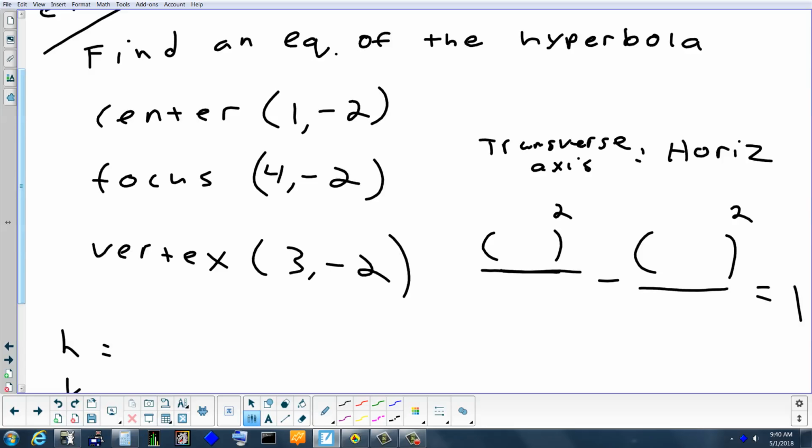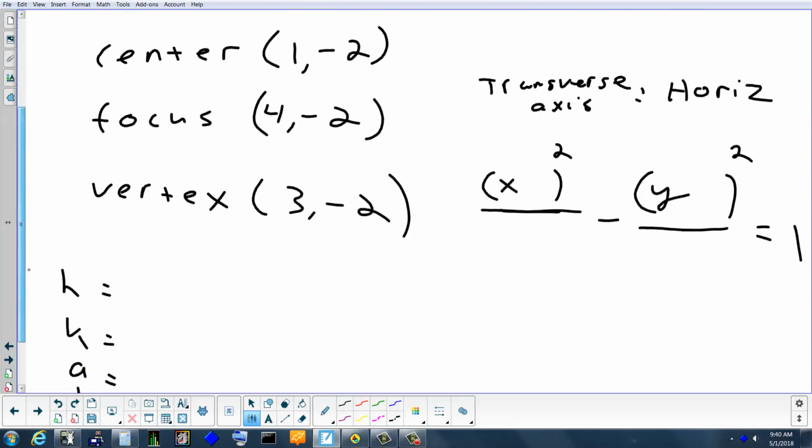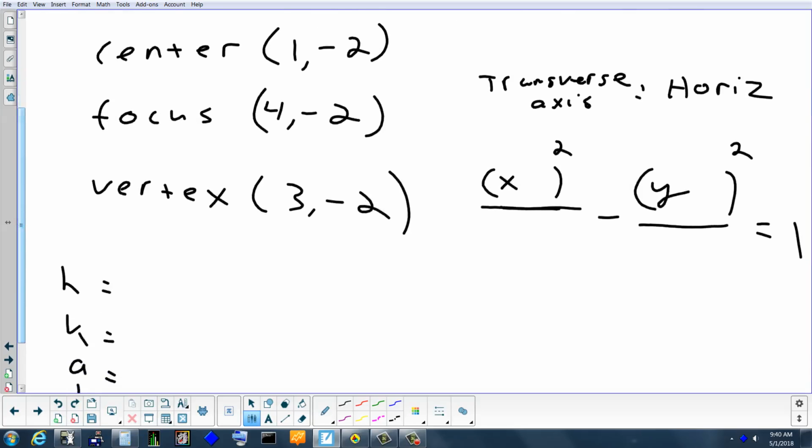X. So this is going to be X. That's going to be Y. Okay, other than that, now I need to find A, B, C, H, K. How about Gracie? What's H in this case? 1. And K, Sam? Negative 2.